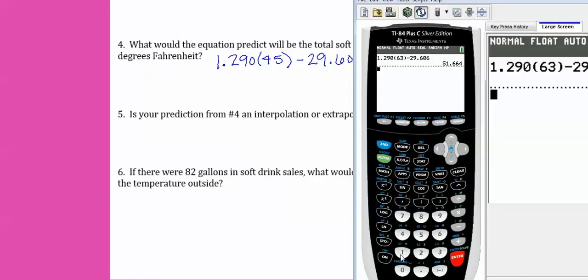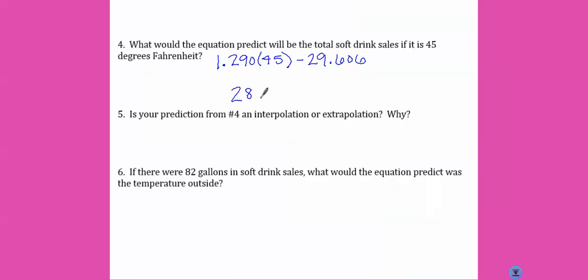Plug that into my calculator. And we get 28.444 gallons of soft drinks.